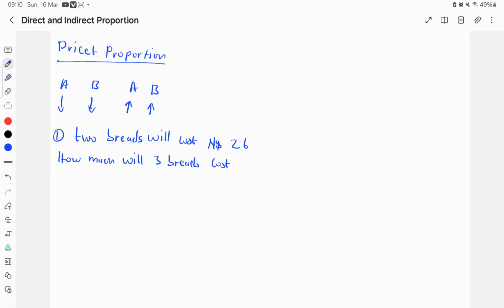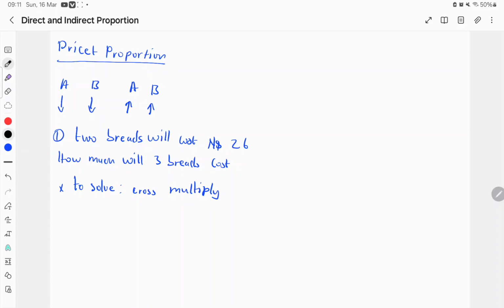Okay, so when we talk of direct proportion, we can solve this kind of question by how? We cross multiply. So for example, I'm going to solve this problem.